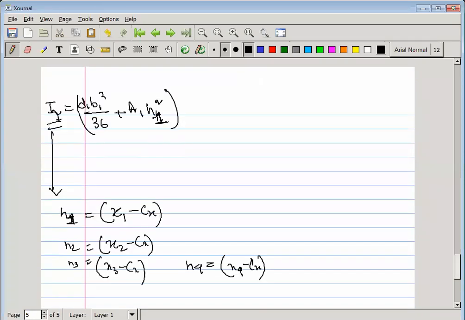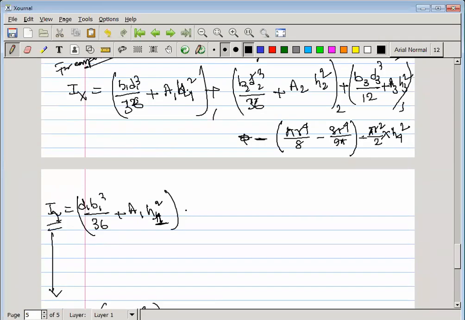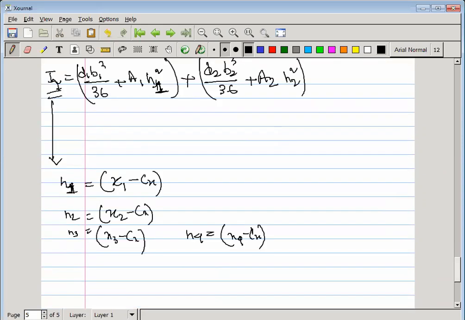Based on the formula, you write d2b2³/36 plus a2h2². Here h2 is x2 minus cx, h3 is x3 minus cx.